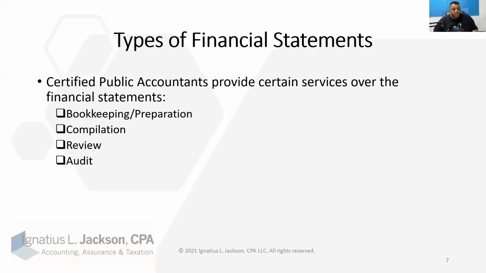On average though, for a smaller business, you're probably looking at about $10 to $15,000 for an audit, and that's again for each year. So keep that in mind as you are thinking about what you want to do. It's definitely something to consider. If you don't have a requirement from a lender or someone, doing a compilation or review probably is going to be better than trying to do an audit.